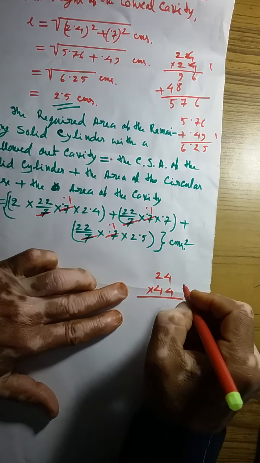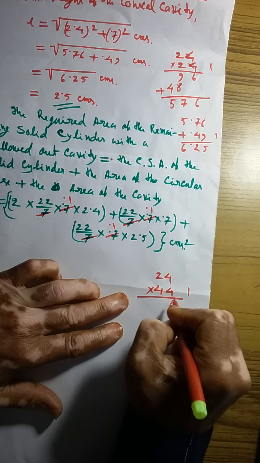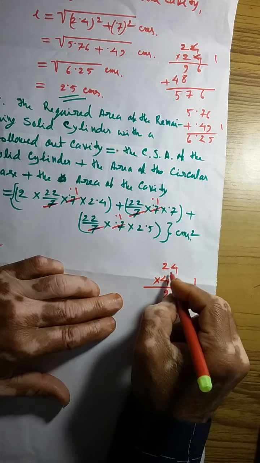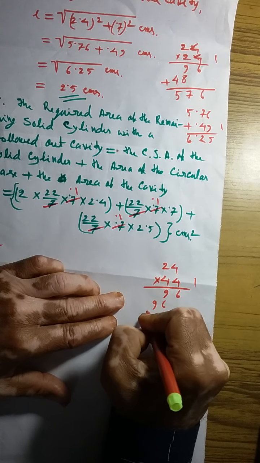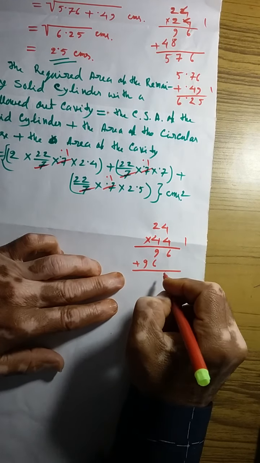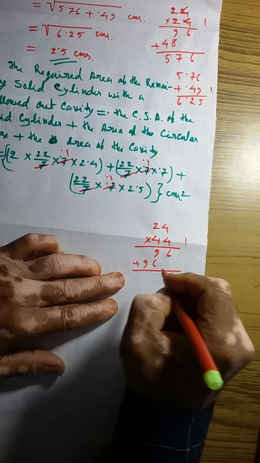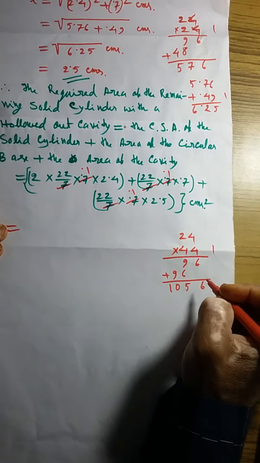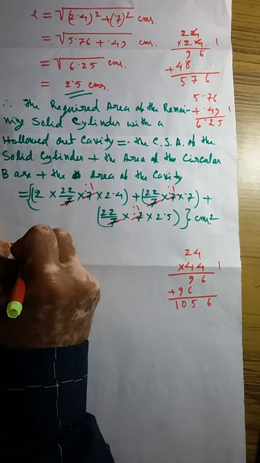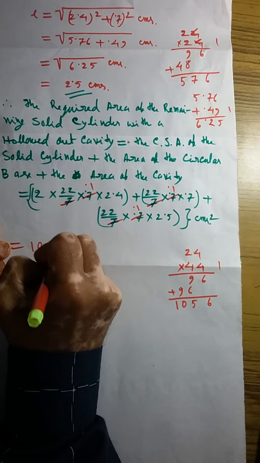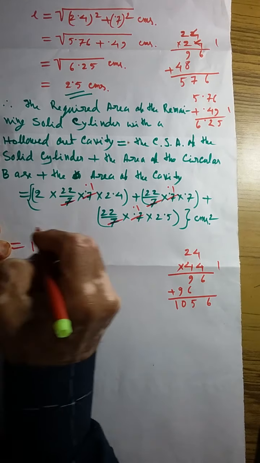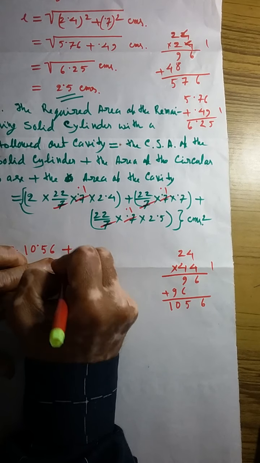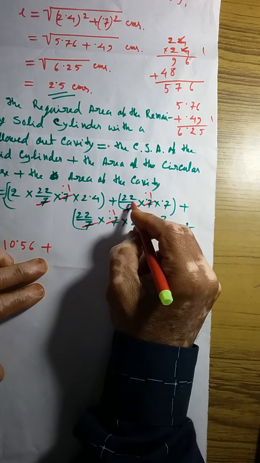We will get 4 4 is 16, 4 2 is 8, plus 1 9, again by the same number, so we will have 96 again. Now if we add these elements, we will get 6 here, 15, 10, that means 1056.